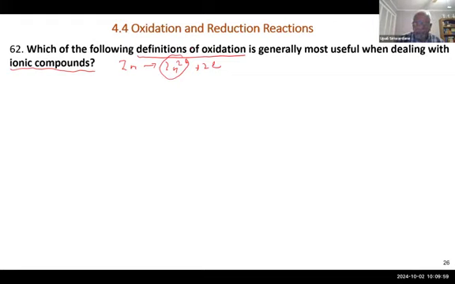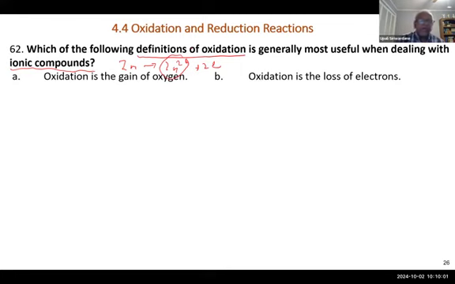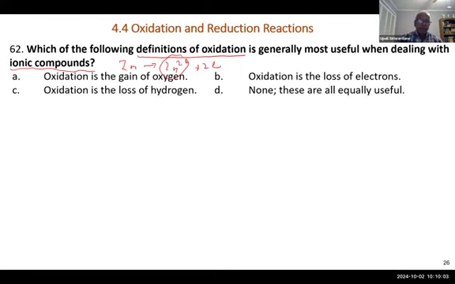Therefore, for ionic compounds, which applies? For ionic compound, oxidation is gain of electron. That's not true. Oxidation is loss of electrons. That is true.